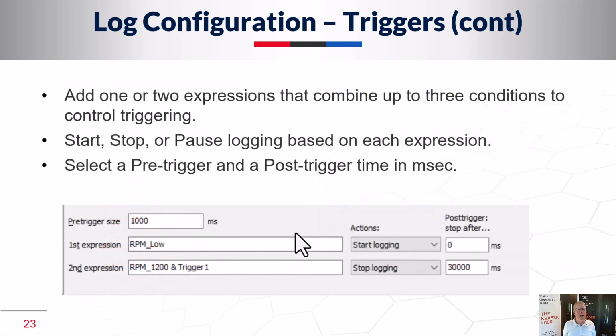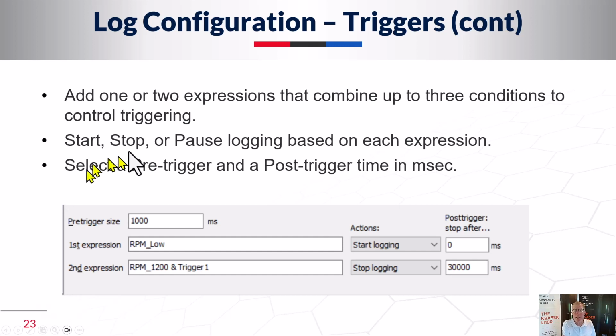And so then triggers can add 1 or 2 expressions that combine up to 3 conditions to control triggering. So you can start, you can stop, you can pause logging based on each expression, and select a pre-trigger and a post-trigger time in milliseconds.